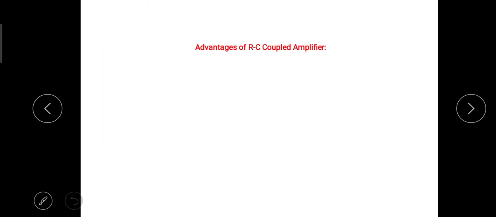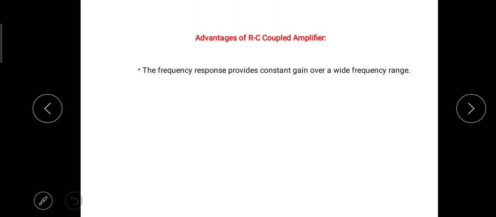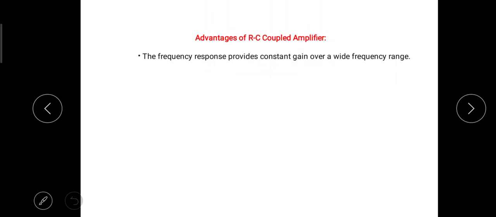Now come to the next part. These RC coupled amplifiers have some advantages. Let us discuss them one by one. First, the frequency response provides constant gain over a wide frequency range. That means most of the frequency range gives the proper gain.